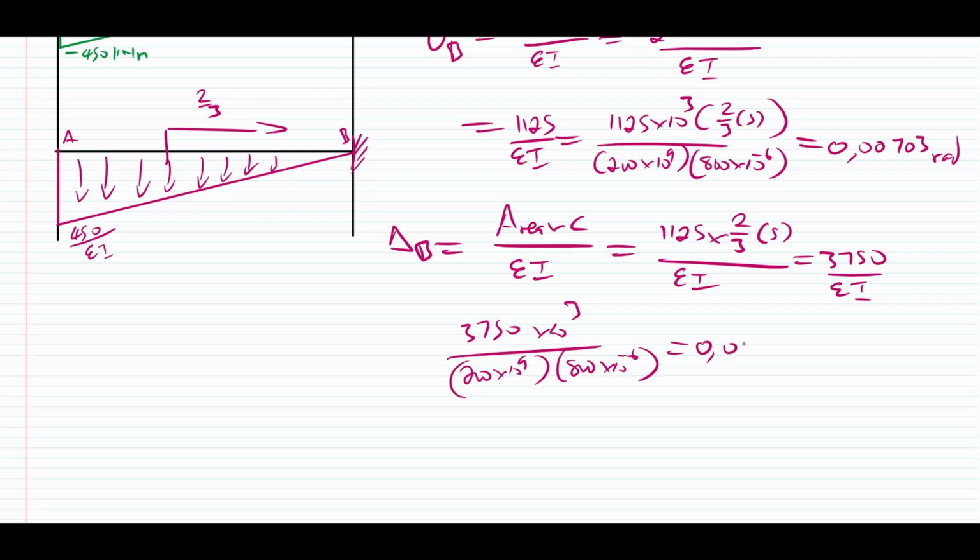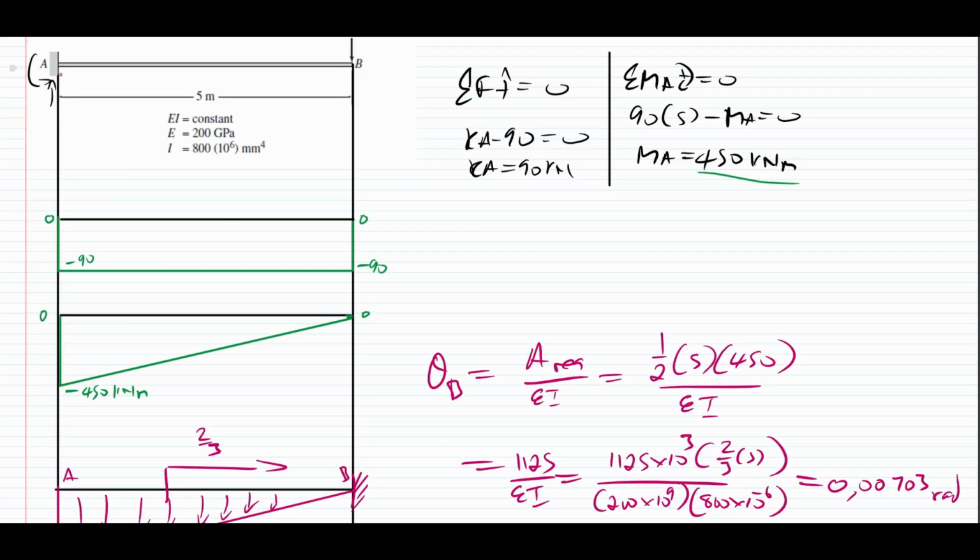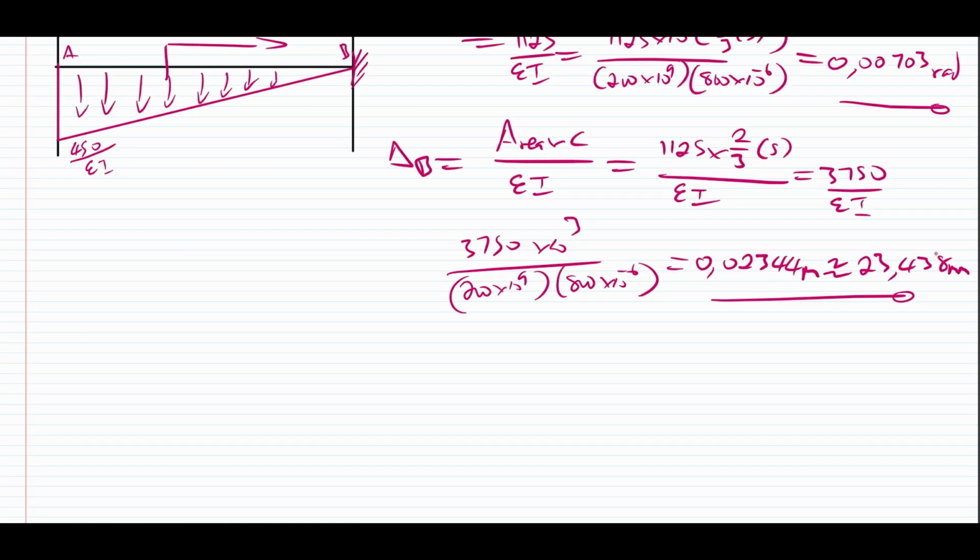You get 0.0234 meter, which is 23.438 millimeter. Now, when you look at your beam, you know that according to your boundary conditions, your beam is going to bend downwards. So the direction of your deflection is going to be down.